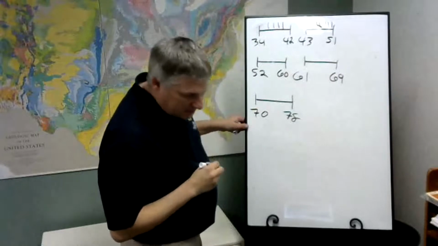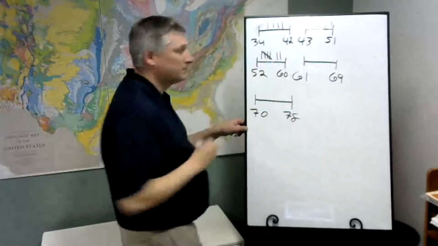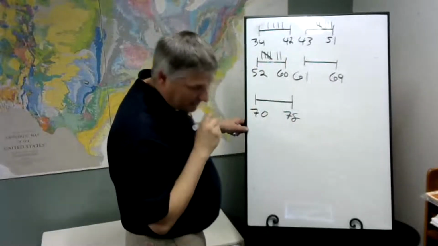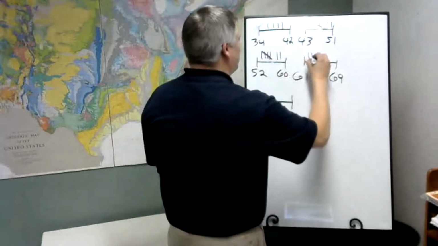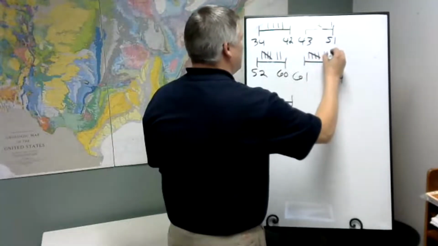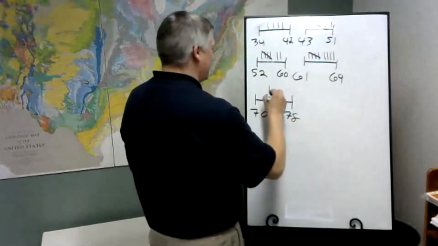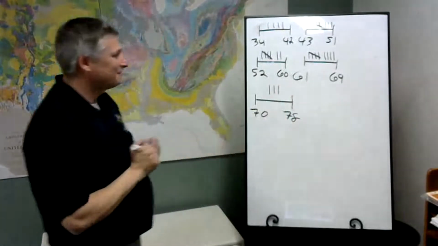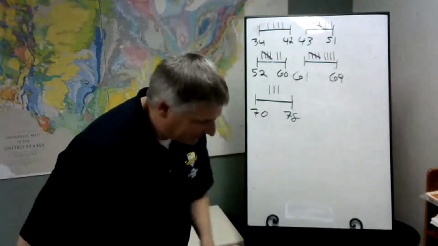Temperatures that were 52 to 60: there were 7 of those. From 61 to 69: 1, 2, 3, 4, 5, 6, 7, 8, and 9. And then 70 to 78: 1, 2, and 3. So now we can construct the frequency table.